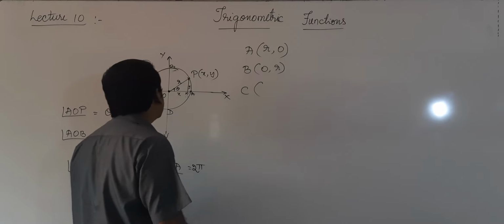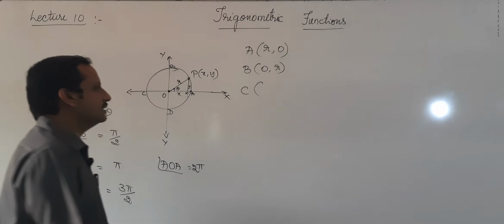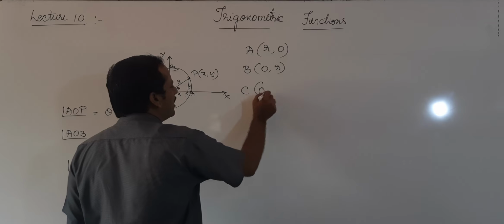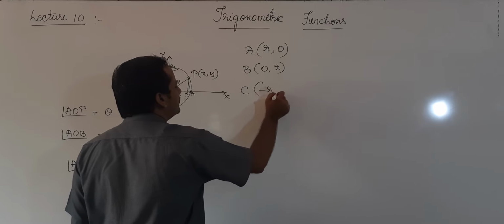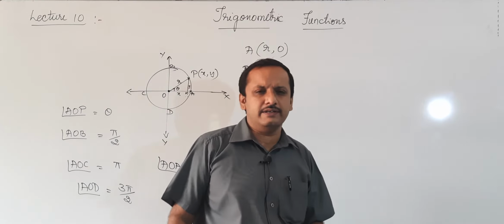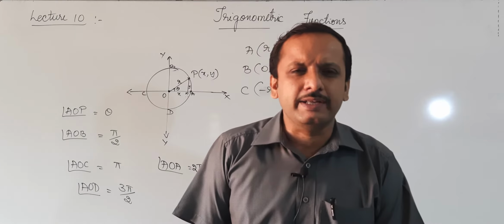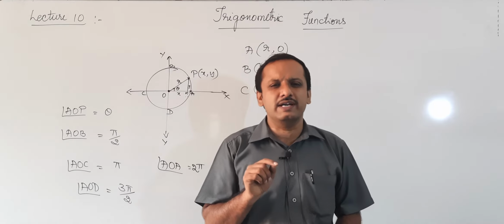Then C is a point on the negative x-axis. So, its coordinates are (minus r, 0). It is a point on the x-axis. You already studied coordinate geometry in 10th standard. If a point is on the x-axis, then its y coordinate is 0.